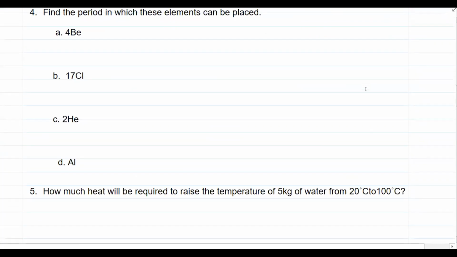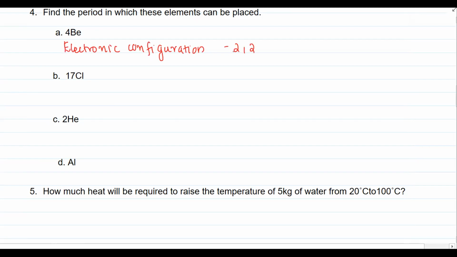Next question is from lesson number 2. Find the period in which these elements can be placed. Atomic number is given. Beryllium, atomic number is 4. So we can write the electronic configuration. Electronic configuration of beryllium is 2, 2 will come.